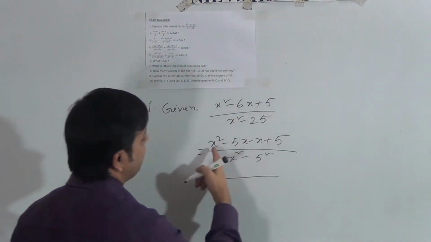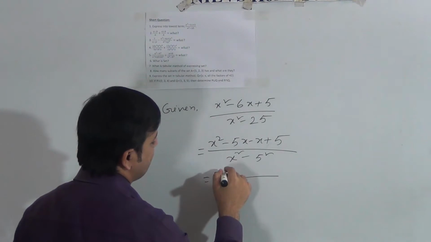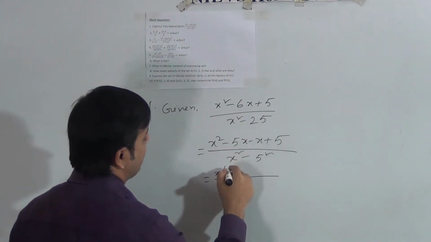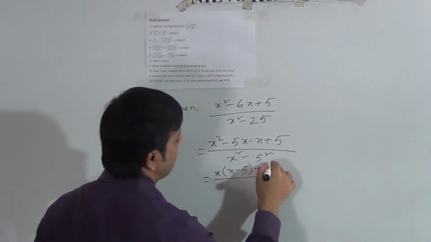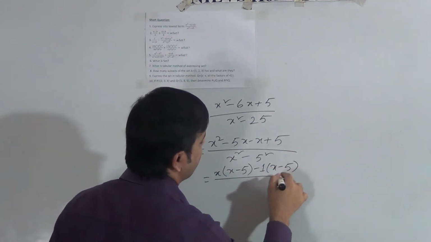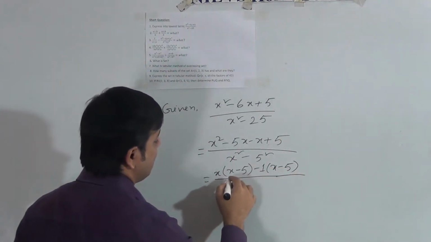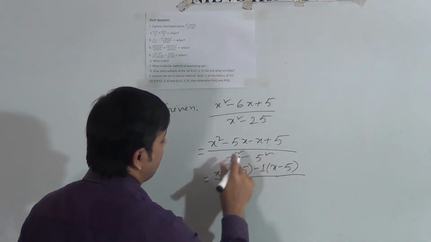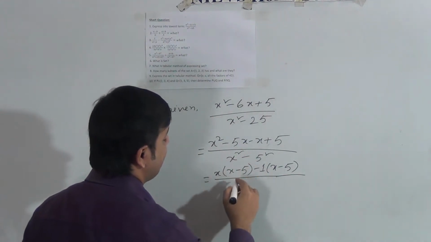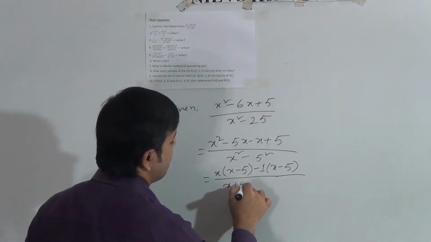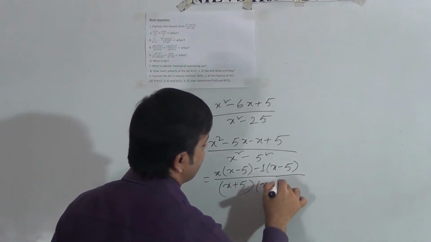In the numerator you can take x as common from the first two terms, you will get x minus 5, and take minus 1 as common, you will get x minus 5 again. Then apply the formula a square minus b square equals a plus b into a minus b.